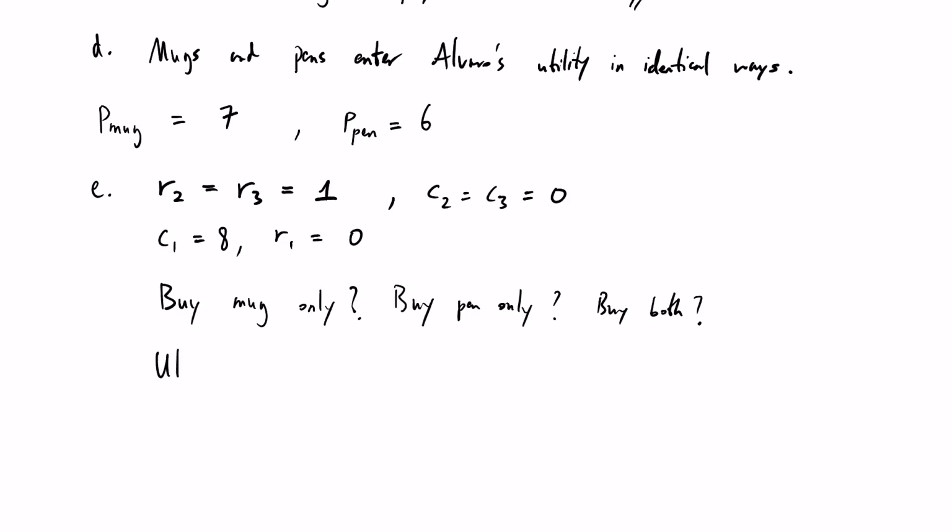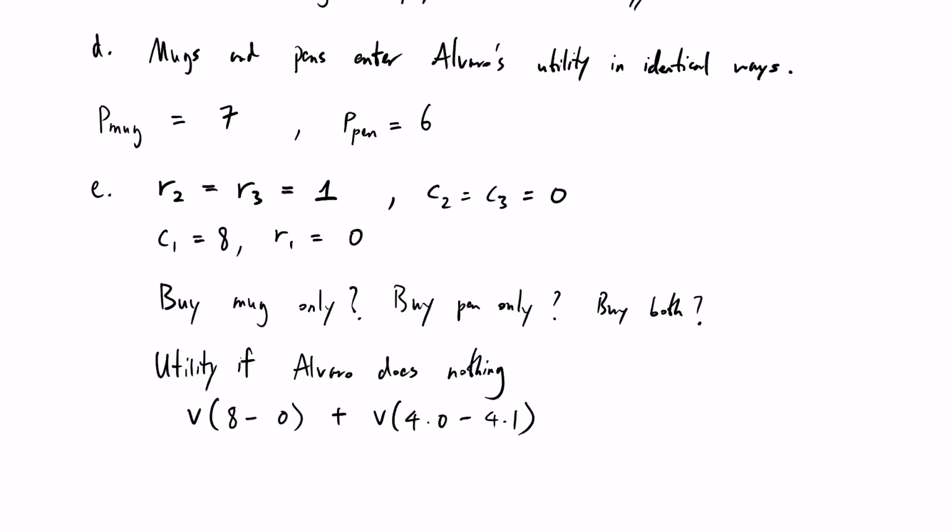Let's start with the utility if Avero does nothing. This is the case where he's going to be disappointed because he came in expecting a pen and a muck, but he wouldn't be given anything. So we're going to have $8, not expected. No muck, even though he expected one, and no pen, even though he expected one.